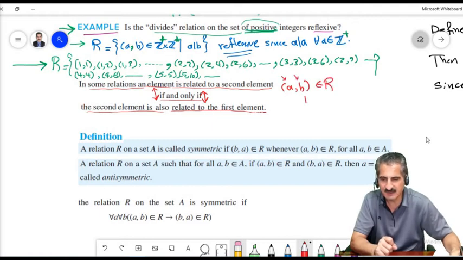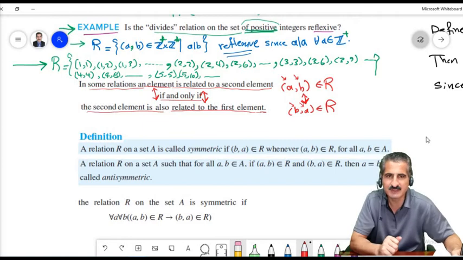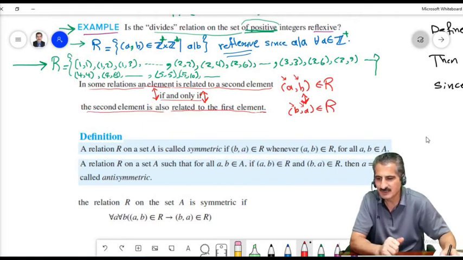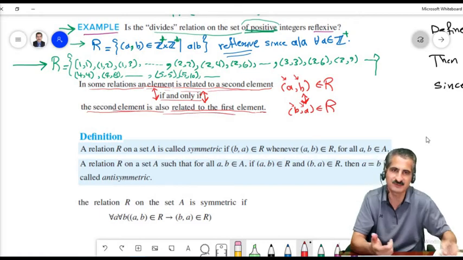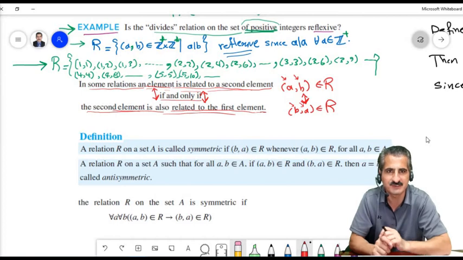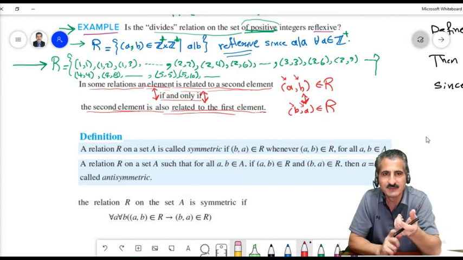And we are saying here, if and only if (B, A) belongs to R. This is the second element now. This is the first element in the beginning. So (A, B) belongs to R if and only if (B, A) belongs to R. So we are changing the position of elements. A is related to B, then B is related to A.